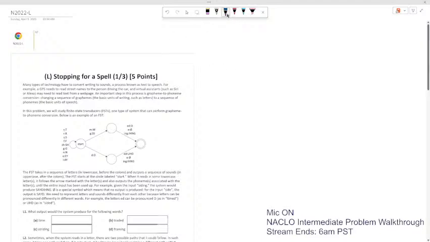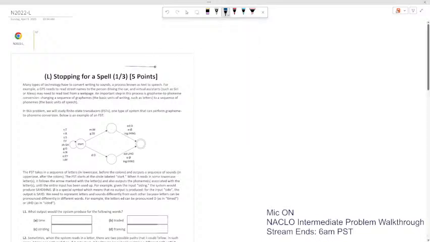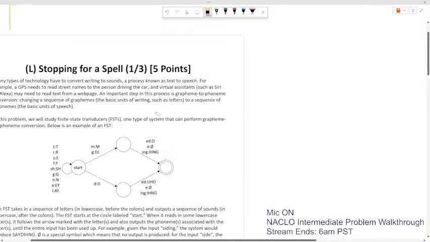Also going to make the line a little thicker so that it's more visible on screen. I think that's good enough. Let me know if you can't see it well, but I'll zoom in a little bit too. Okay.